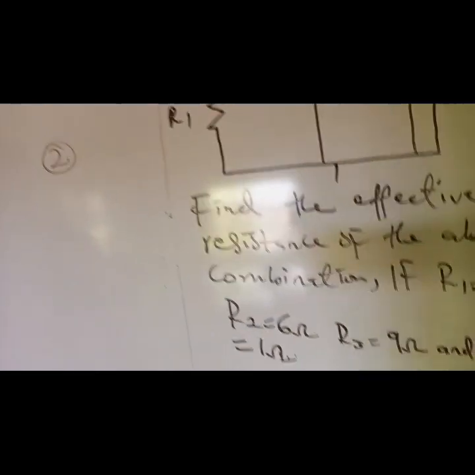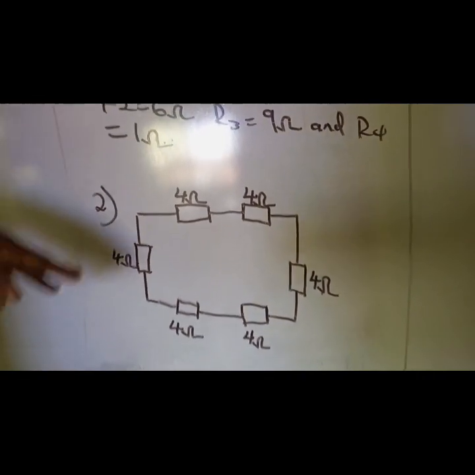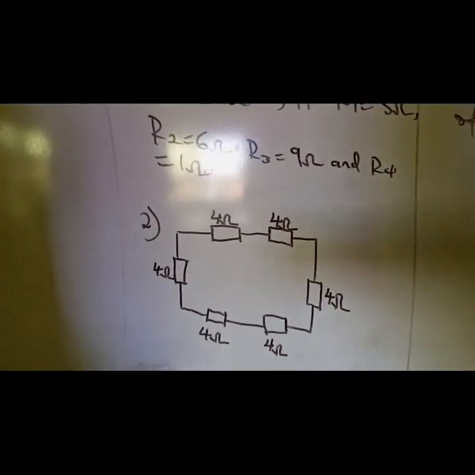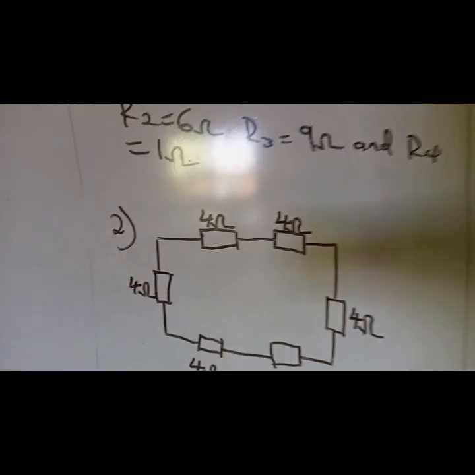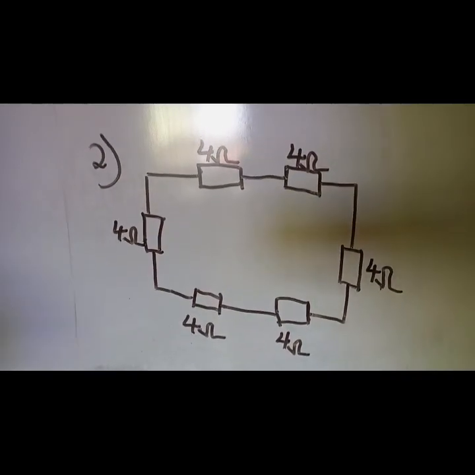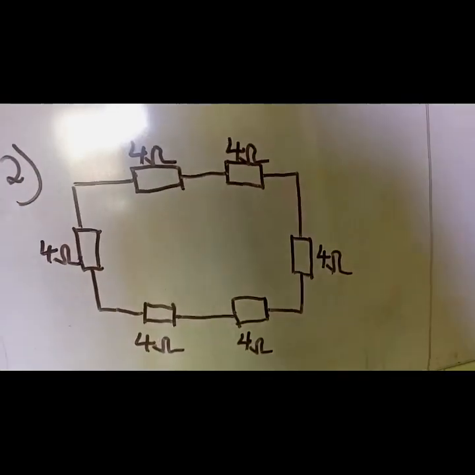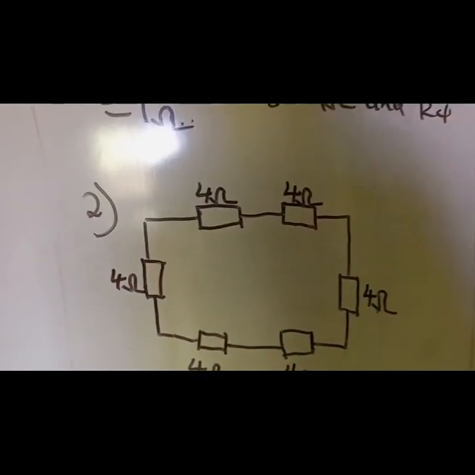So let's go to the next one. We are told that in this diagram we should calculate the resistance as well. Now, for us to solve this very problem, we sum all the resistances, we total all the resistance for us to be able to know the effective resistance here.